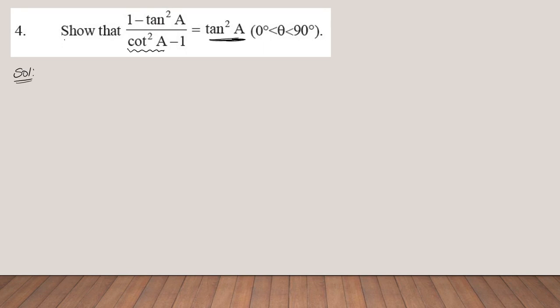So simply take the LHS, 1 minus tan square a by cot square a minus 1. Now 1 minus tan square a whole divided by, how can I write cot square a? Cot square a I can write as 1 by tan square a, minus 1.